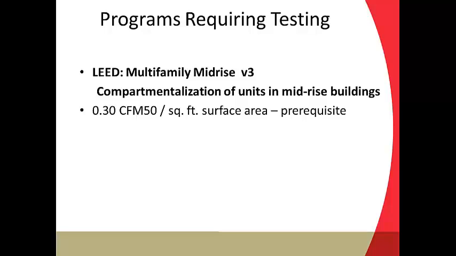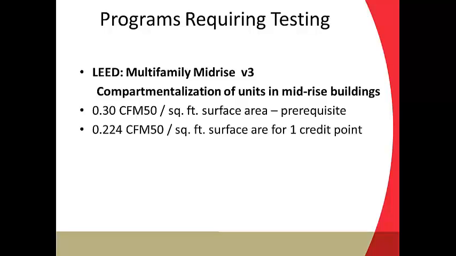LEED has a multifamily mid-rise program that as a prerequisite requires testing, and that's based on square foot of surface area, again 0.3 CFM at 50 per square foot of surface area, and that's a prerequisite, so that's required if you're getting that.